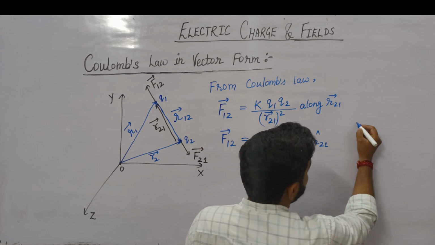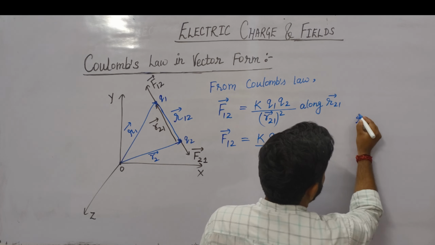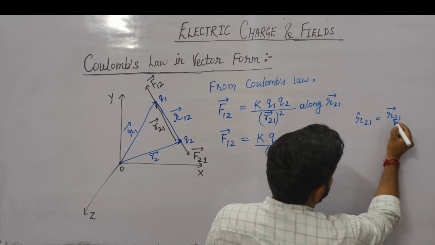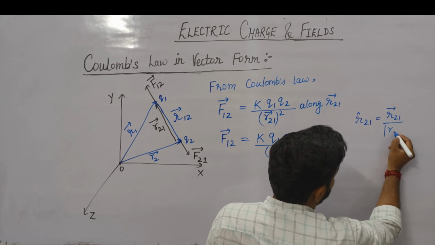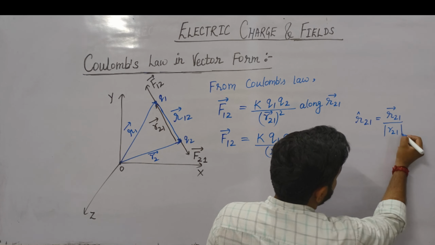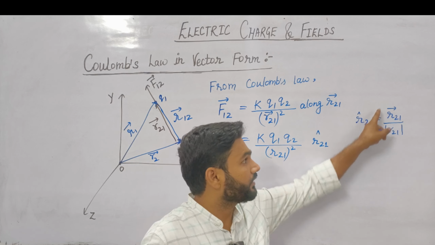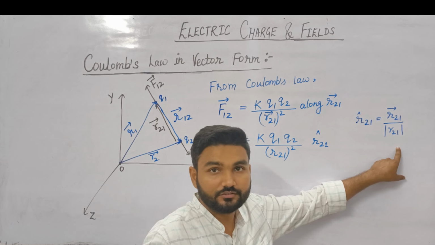The value of R21 cap is equal to R21 vector divided by mod of R21. This is the formula for calculating a unit vector.